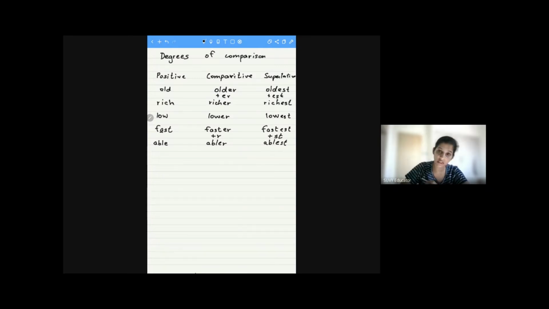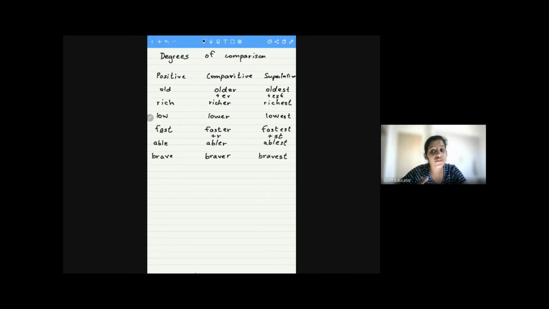I'll give you another example. Let's take the word brave. So even for brave, as you see, the word ends with a vowel. So what you do is you write the word as it is and you put an r. So it becomes braver, okay? And the superlative becomes bravest.